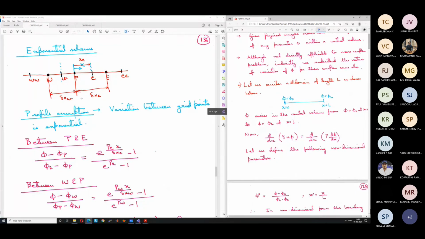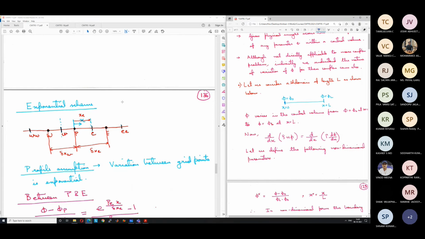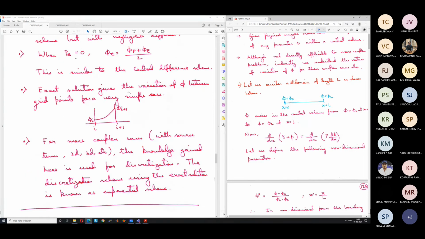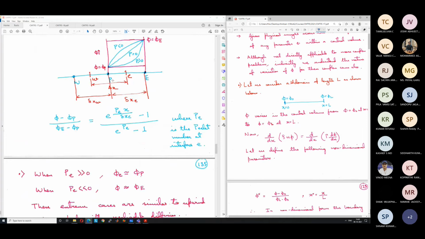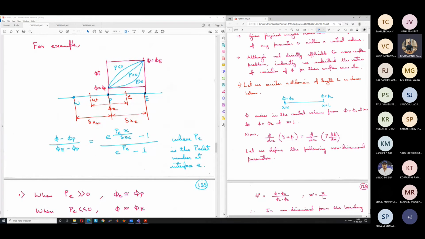So in this case, we had assumed that the length goes from P to E. So that's why the length is delta XC now. Okay. In this case, what is our target? Remember, don't try to memorize. So our target is to find the value at the interface, and we know the values at the grid points. Like we know phi W, phi P, phi E, these values, right?